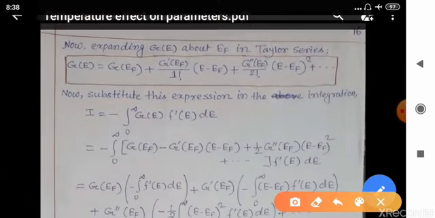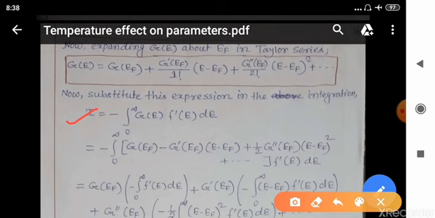So this is our actual integral, that is minus the integral from 0 to infinity of G(E) F prime dE. Now we will substitute the Taylor expansion of G(E), and the integral becomes minus the integral from 0 to infinity of [G(EF) plus first order derivative G prime (EF) (E minus EF) plus half G double prime (EF) (E minus EF) whole square] F prime dE.